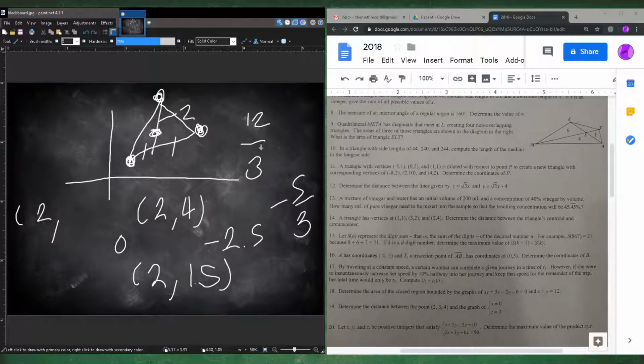So negative 5 over 3 from 12 over 3 is the same thing as 7 over 3. And that's just an easy way to do it. So basically, the centroid is at 2, 7 over 3.